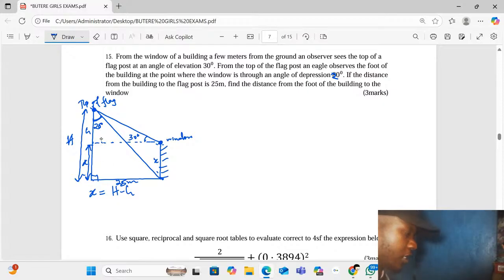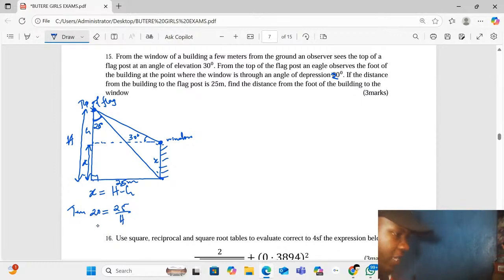Having 20 degrees, the opposite is 25 and the adjacent is capital H, so we can use tan. So tan 20 is equal to opposite over adjacent, which is 25 over capital H.